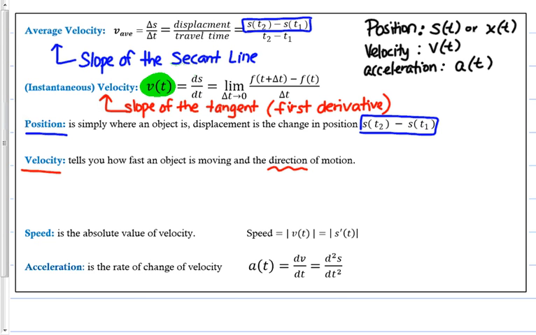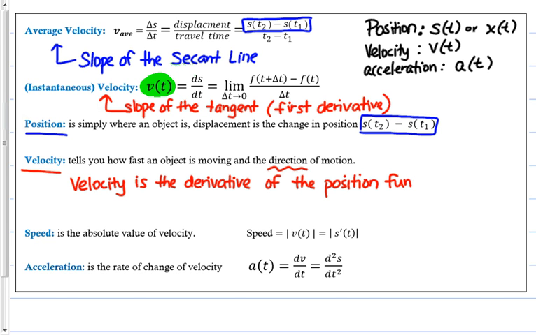So if you need to write that for yourself, please do. Velocity is the derivative of the position function. This is math after all. We do use functions.